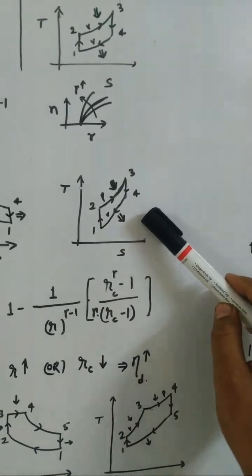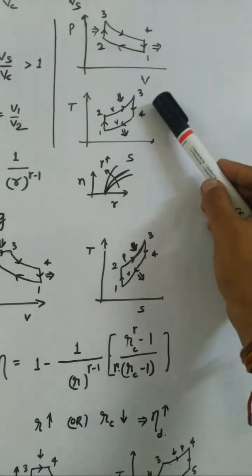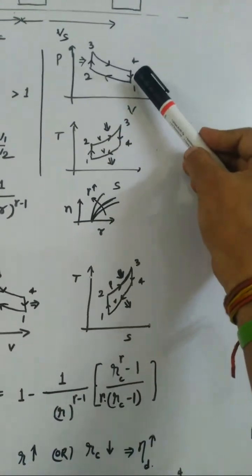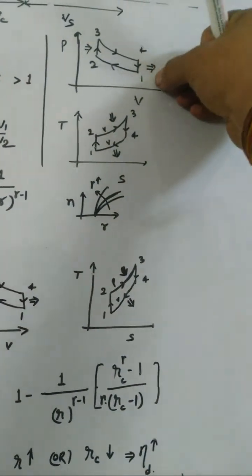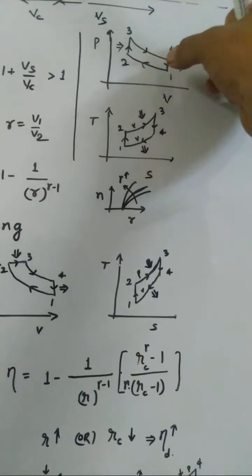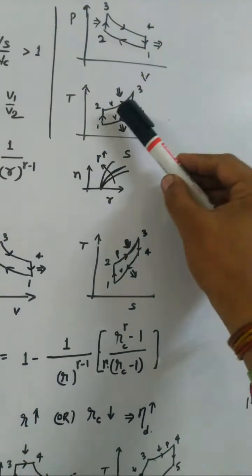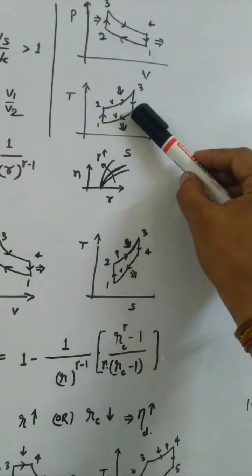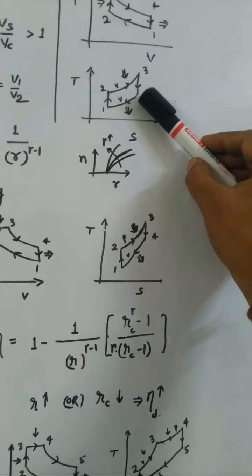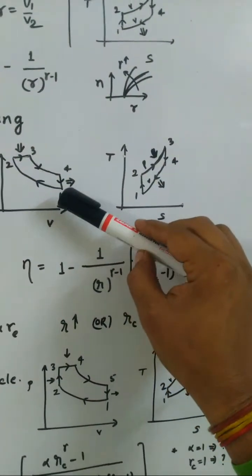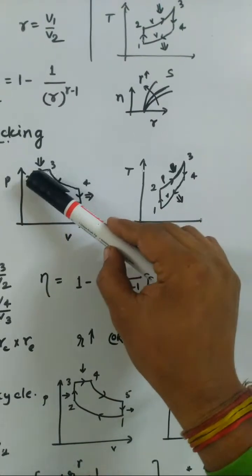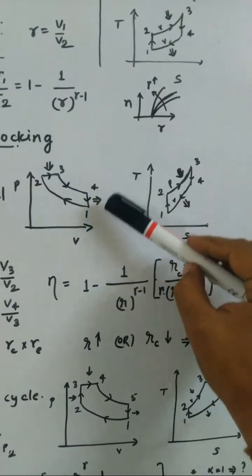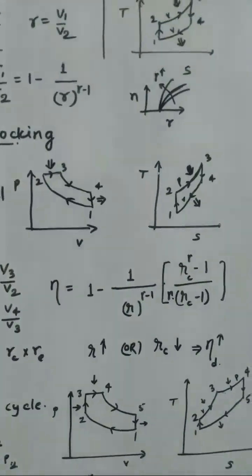In TS diagram, if you remember, in the PV diagram of the Otto cycle, there were two processes, 4 to 1 and 3 to 2. Both were at constant volume, so these lines were having the same slope. But in this diagram, 2 to 3 is constant pressure process and 4 to 1 is constant volume.